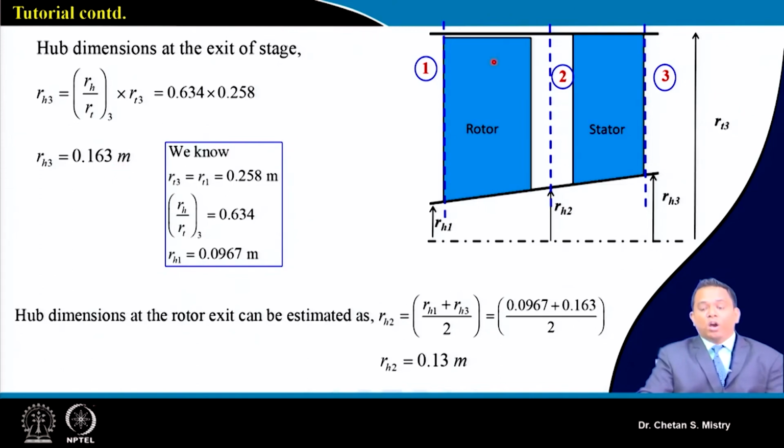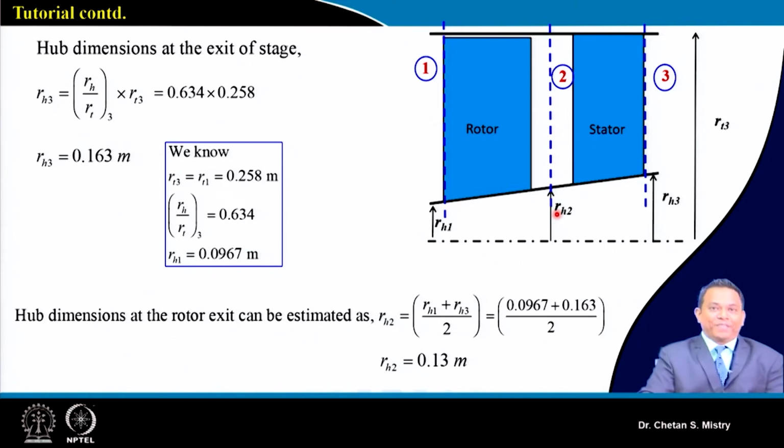Okay, so now you can say at station 1 I know my tip radius and my hub radius. At station 3 I know my hub radius and my tip radius. Now here I am locating my station 2 somewhere in between the stator and rotor.